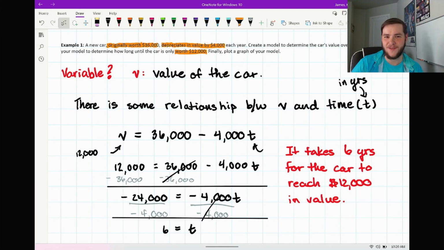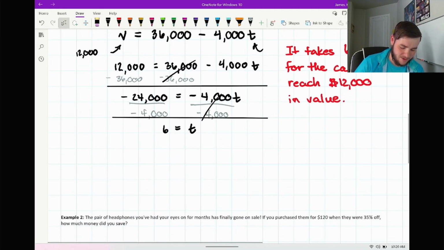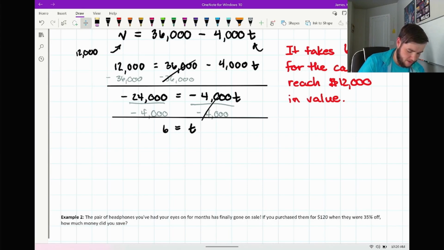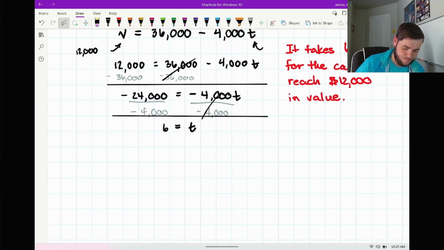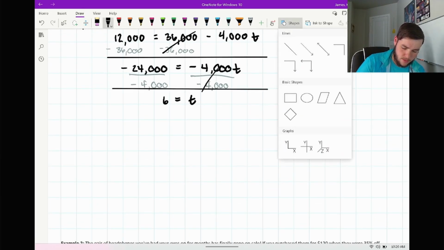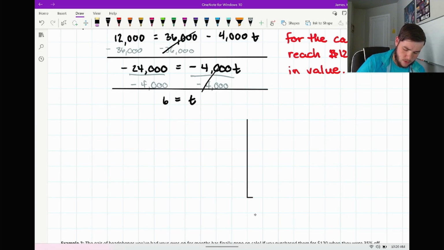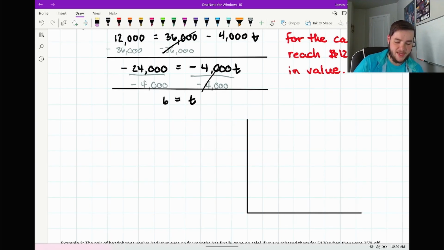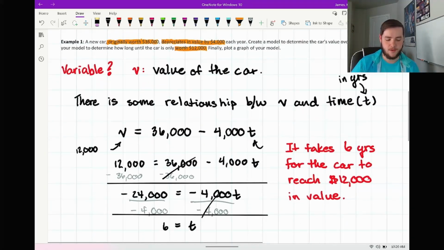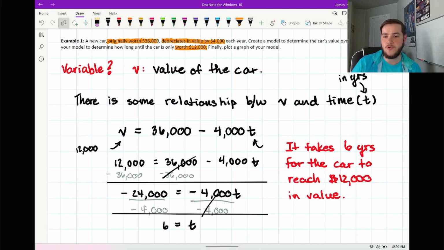We almost forgot the last part of this problem, which was to plot a graph of your model. Let's do that now. I'll give us a little bit more room here. Because this is a linear equation, its graph will look like a straight line. And I just need to find 2 points on a line to be able to write down its graph.